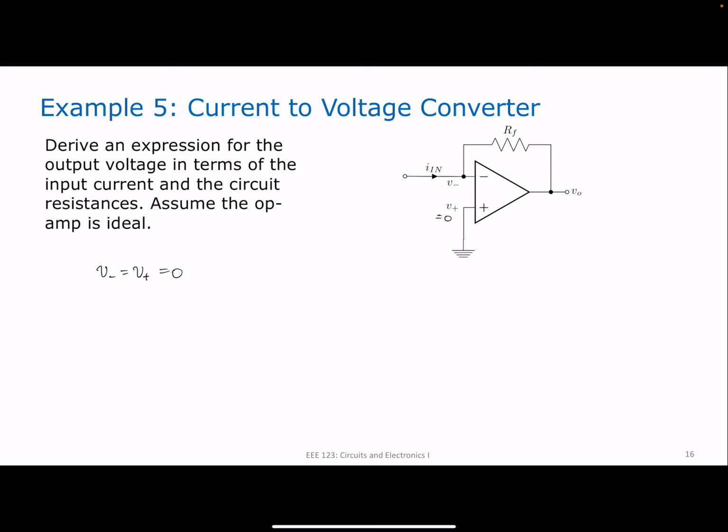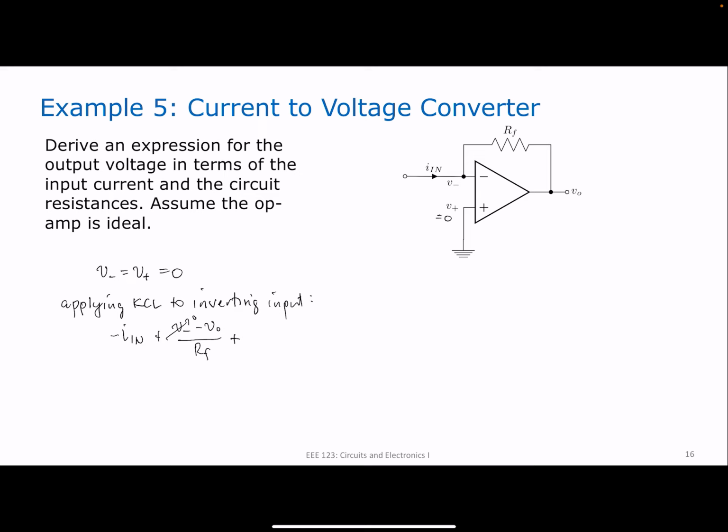Applying KCL to this particular node, the inverting input, I have negative I in, because it is going toward the node, plus V minus minus V sub O over RF, although we already know that this is 0, because V minus is equal to 0.